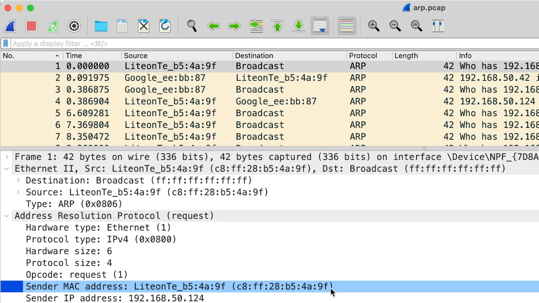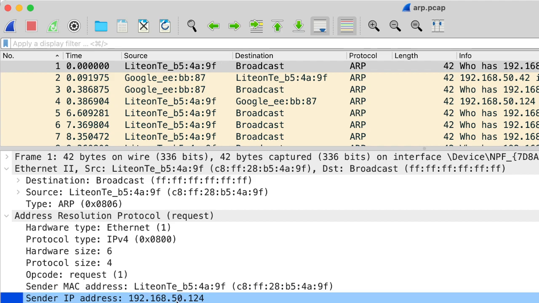That is my MAC address. My IP address is 192.168.50.124, and the purpose of our packet is to query a MAC address.